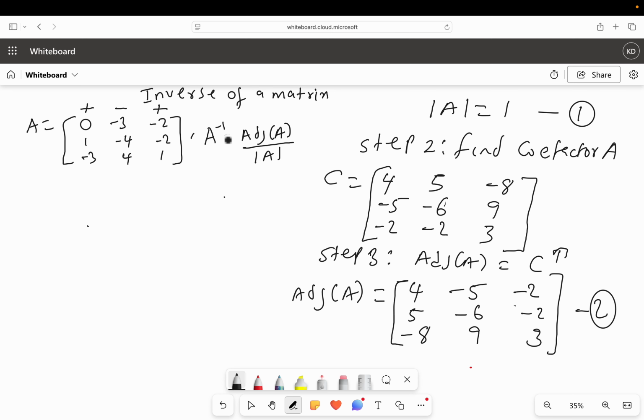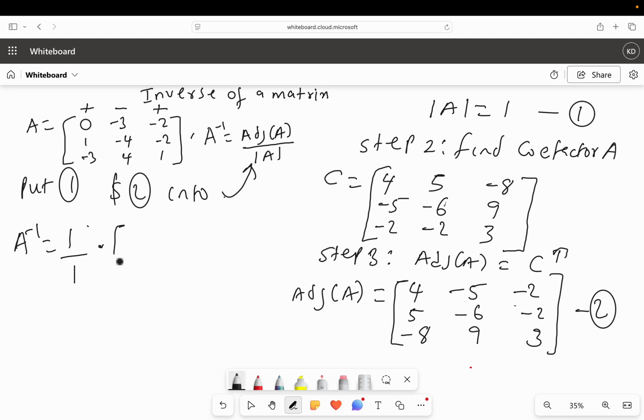So looking at the formula for the inverse, you can see now I have my adjoint and I have my determinant. So all I need is to substitute, put 1 and 2 into my formula. So my A inverse will just be 1 over 1, then times my adjoint, which is this 4, minus 5.